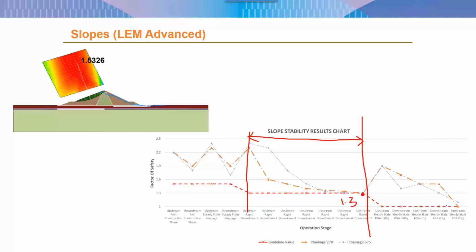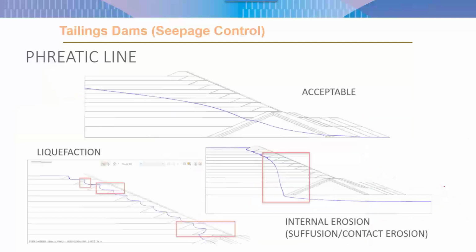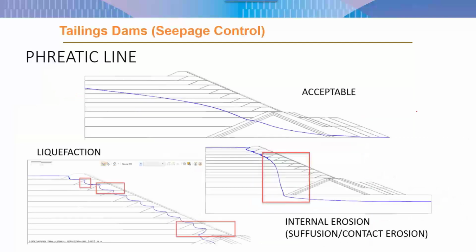And then we have applied this hydrostatic force in here. And in pseudostatic, the factor of safety drops from around 2.2 to 1.6. Then result of seepage analysis. So you will have phreatic lines as shown in here.